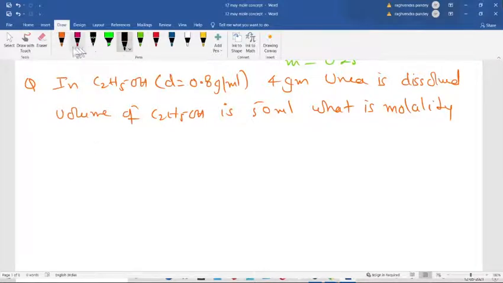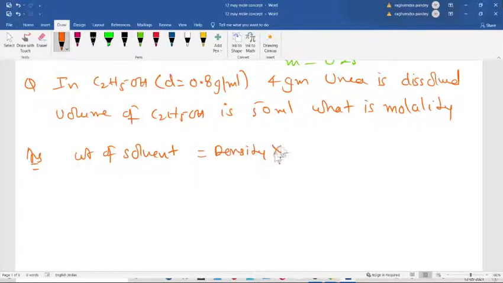So let's solve it. What is the weight of solvent? Weight of solvent is your density into volume. So that is 0.8, volume is 50. So that is your 40 gram ethanol.